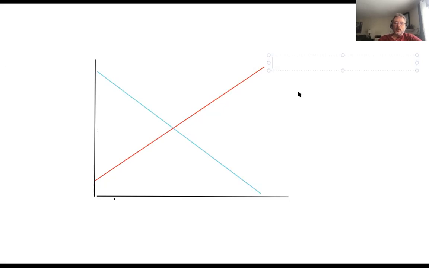The upward sloping line is supposed to be the marginal social cost curve. And it has two components: a marginal private cost, which is the cost that we typically see associated with the supply curve, but it also has a marginal external cost, which means the costs that society bears that are not borne by the producer directly.